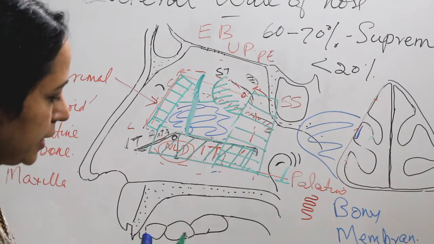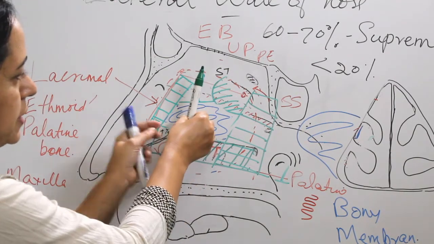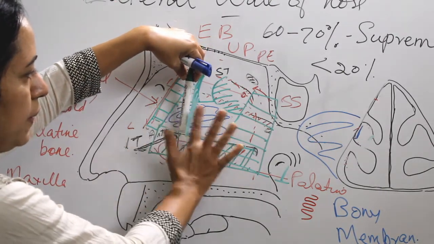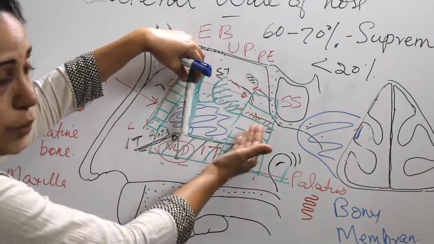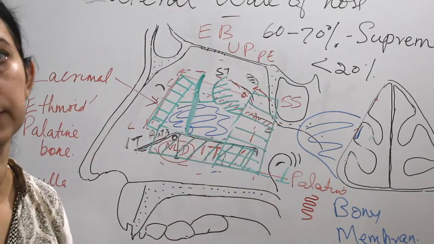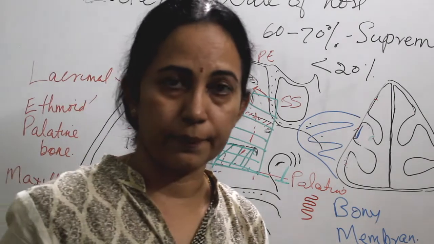So in any case this uncinate process comes like this. So what happened? This divides this membranous portion into two halves, anterior to this and also posterior to this. Hope you got it.